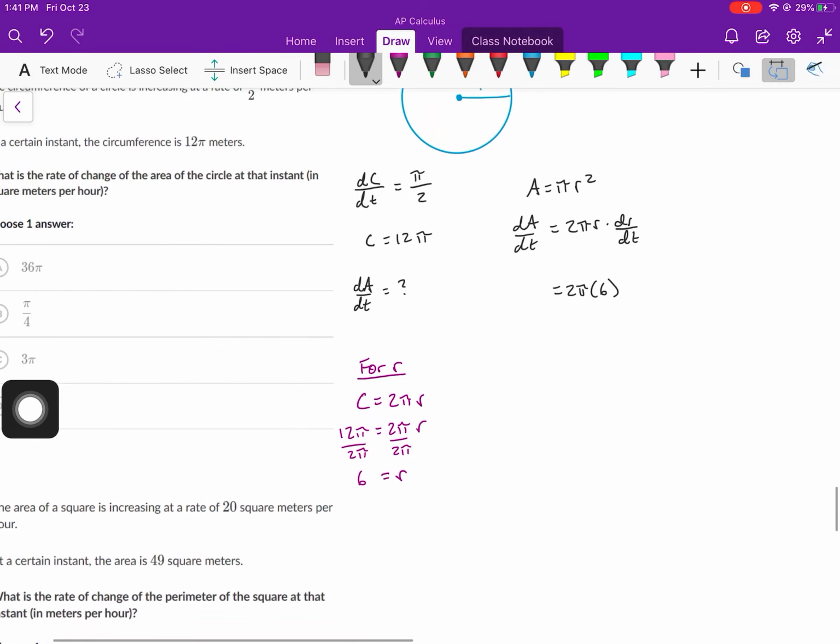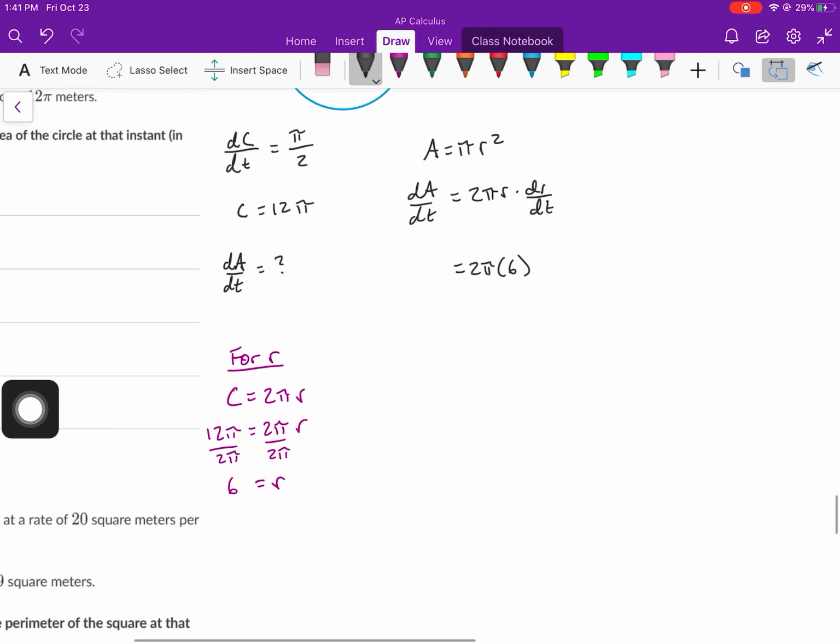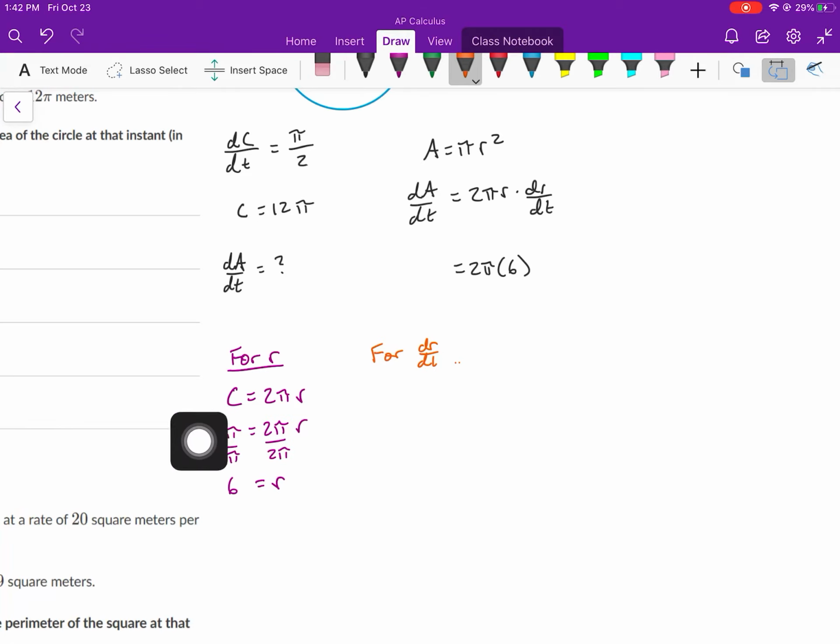Now, where are we going to get dr/dt? Well, let's take the derivative of the circumference formula, because we know what dc/dt is. So it's going to be 2 pi times dr/dt, and dc/dt is pi over 2.